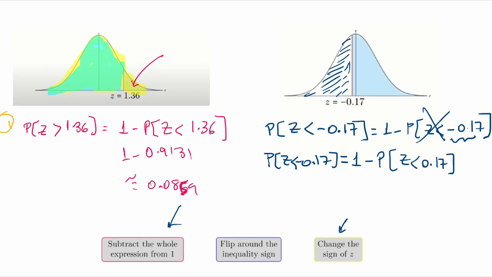Okay? And if you think about it graphically, what are you doing? You're taking this area here. You're getting the 0.17, the positive 0.17, and you're removing this area here. Okay?